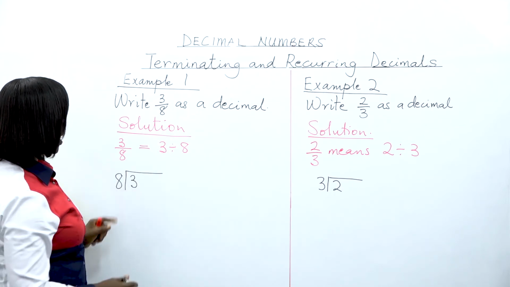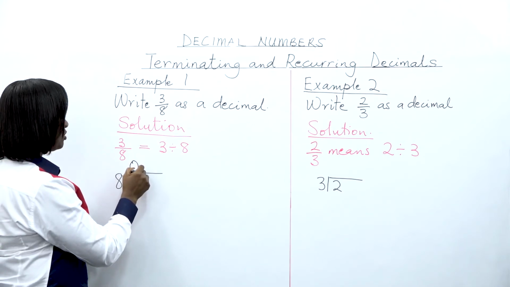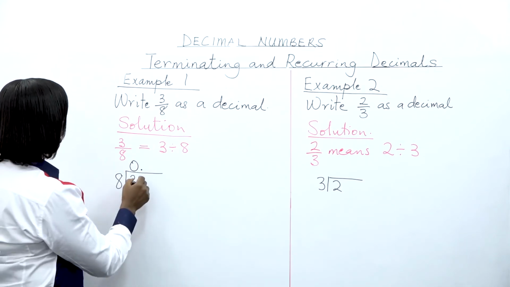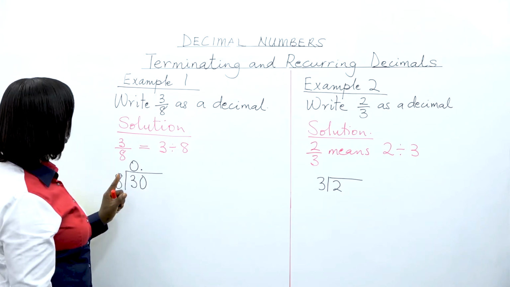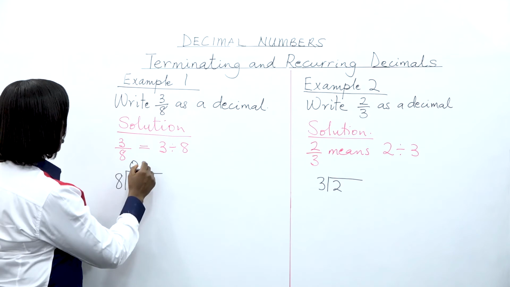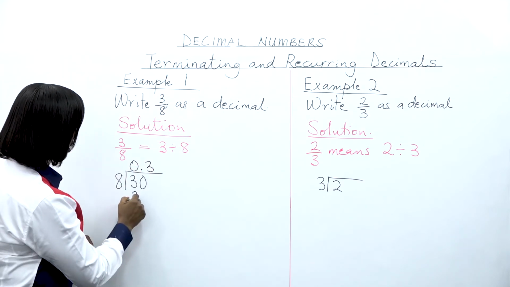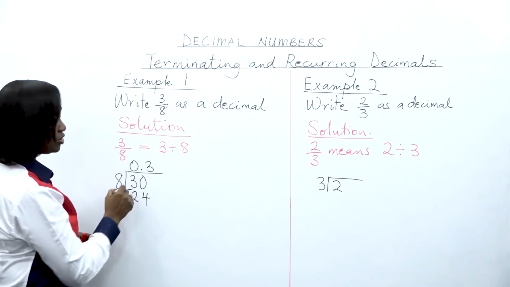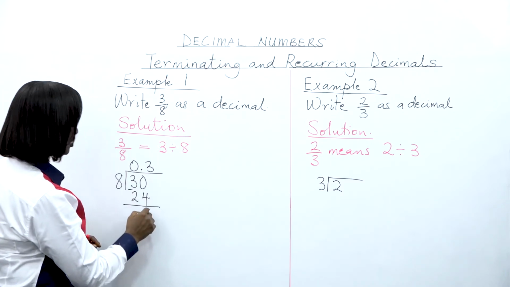3 divided by 8, 3 cannot be divided by 8. So we'll put a 0 and we'll put a decimal point. Then we can attach a 0 to the 3 to make it 30. 8 into 30 is 3, because 3 times 8 is 24. You subtract, and that gives you 6.